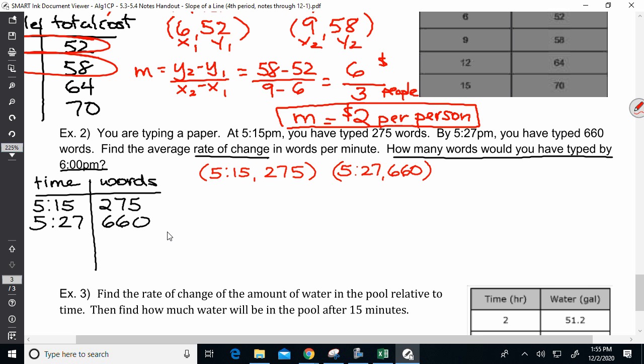Now, we're not going to use 5:15 and 5:27. They both started at 5 o'clock, so we're going to take the 5 out. We're going to make it 15 and 27 so that we can make it easier for us to do our work.